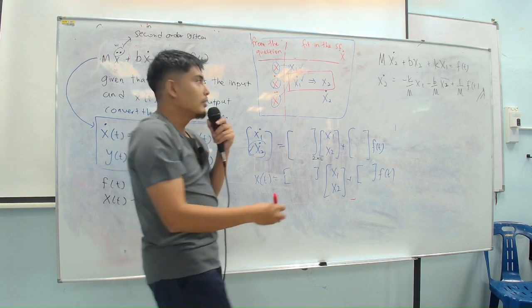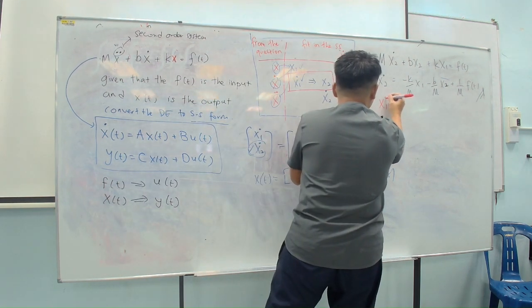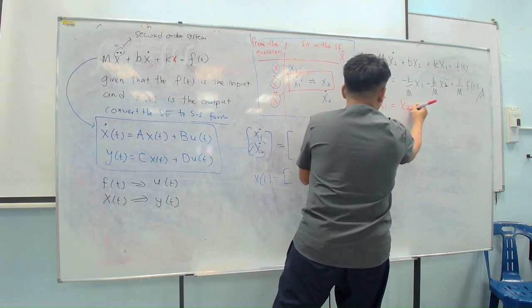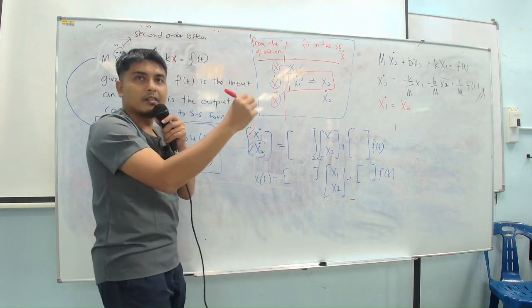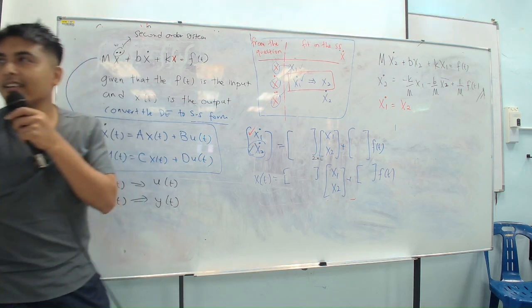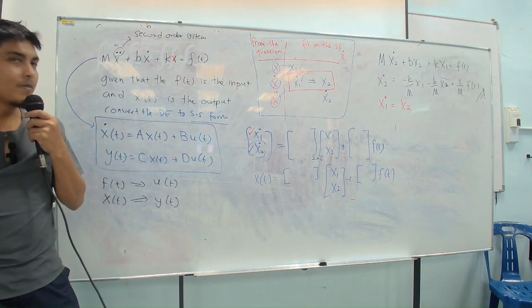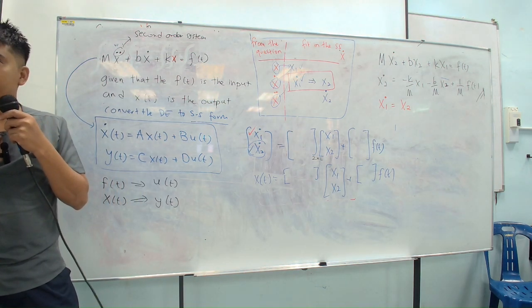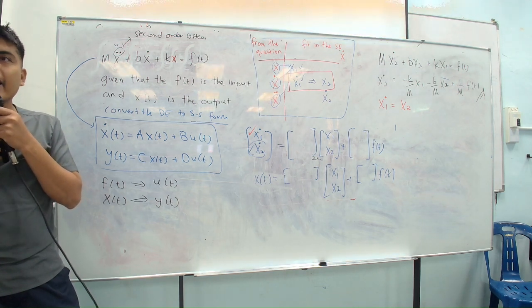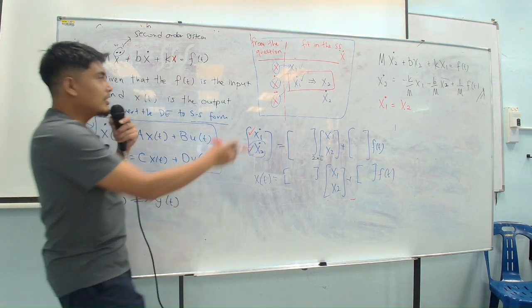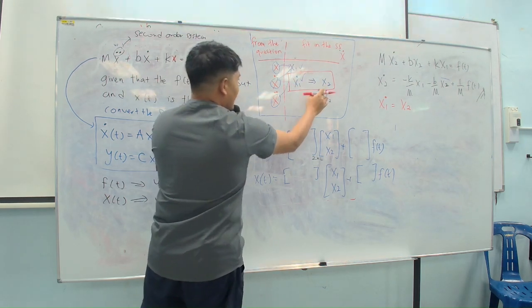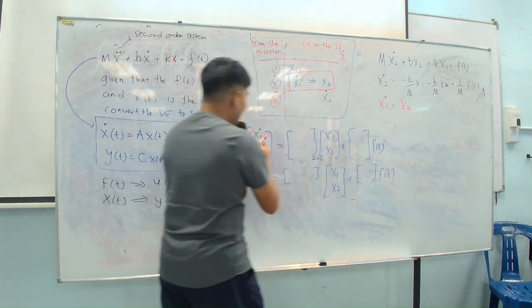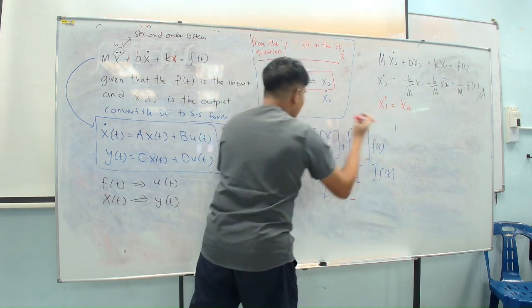So that's why x1 dot equal to x2. So that is also complete. Easy, yeah? And because in our table we already set the x1 dot equal to x2, the x1 dot equation equal to x2.